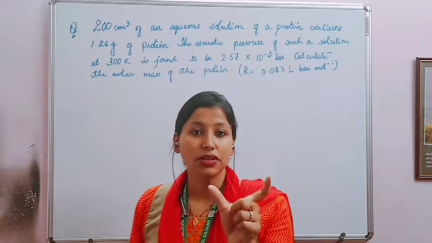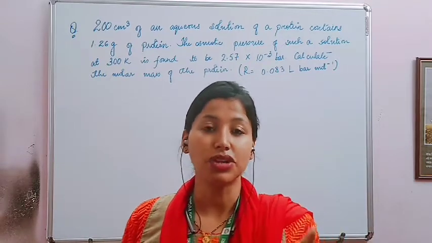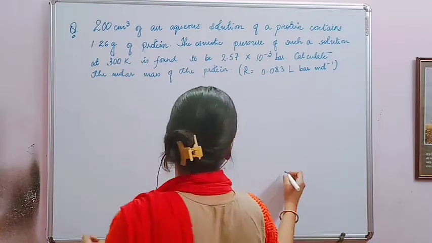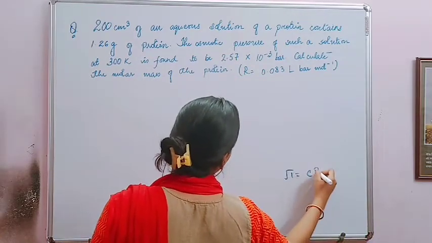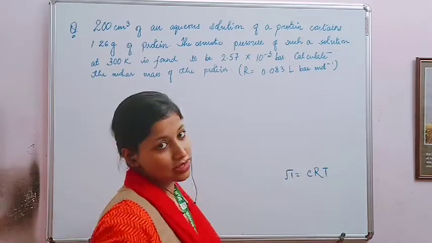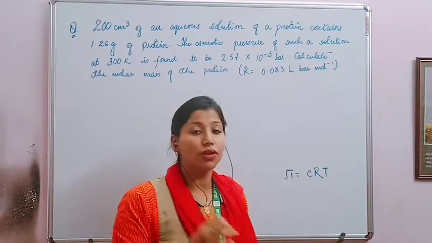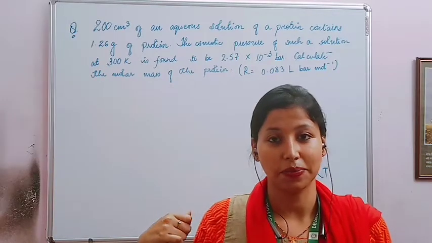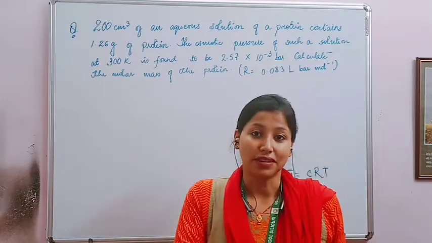The van't Hoff equation for osmotic pressure was pi is equal to CRT. This is what we have learned yesterday. And we also got the relationship for determination of molar mass of solute from this relation. That is where we stopped yesterday.